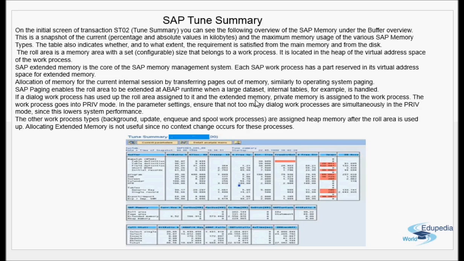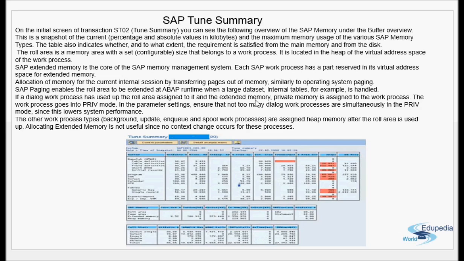So that work process will keep on running until its task completes, using up its own roll area, the extended memory area, and the heap area of the system. In that case, memory will not be allocated to other work processes, because this heap memory is shared. So if you have too many work processes in this priv mode, it will hamper the system performance. So we should take care that we don't have too many dialog work processes in the priv mode.